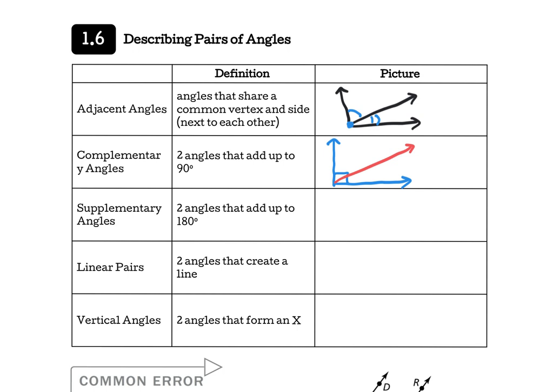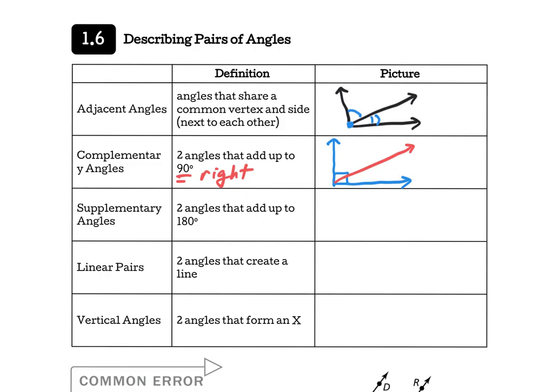It doesn't have to be 45 and 45 to make a 90. It could be 60 degrees and 30 degrees. It could be 70 and 20. Any combination that adds up to be 90. But they do have to add up to be 90. So the key here is that they make a right angle.